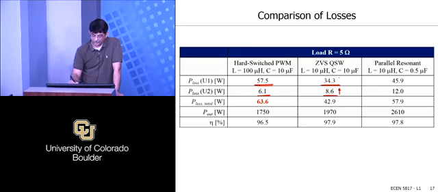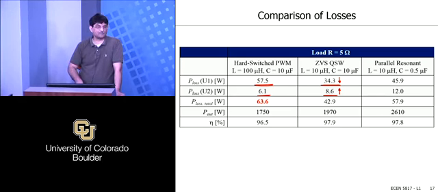So what do you think actually happened? Why have these losses gone up, and why have these losses not decreased as much as we may have thought? Certainly switching losses, and I can guarantee you switching losses decreased tremendously. Something else happened. Yeah, conduction losses, because you now have much higher ripple in the currents.